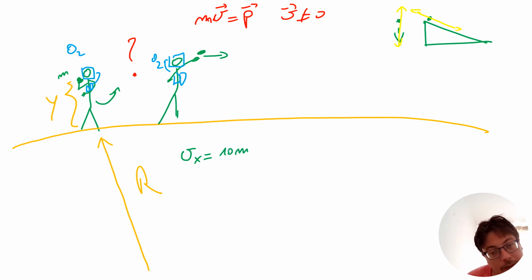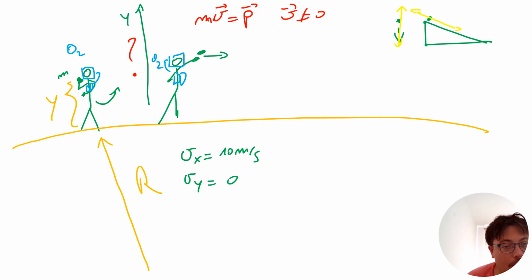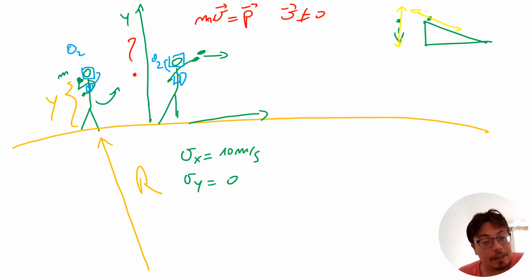Maybe it's a crazy throw, maybe you must be Hulk. Let's say 10 meters per second, and Vy is equal to 0, because in y we don't throw in that direction, so we only have one component. This is to simplify the math a little bit, but the concept is the same.